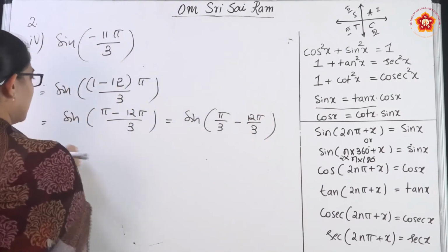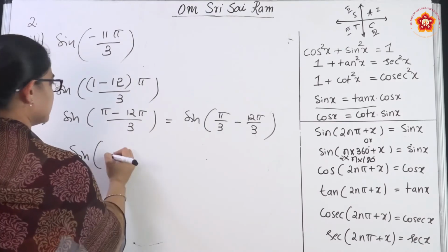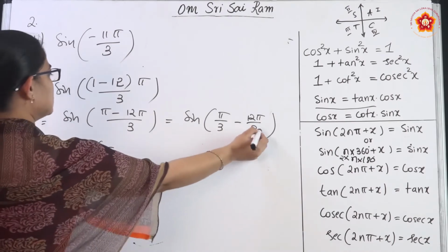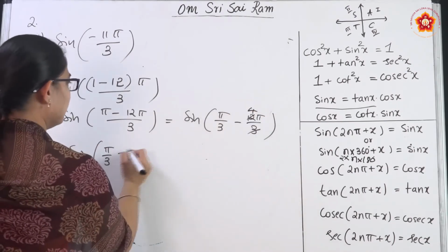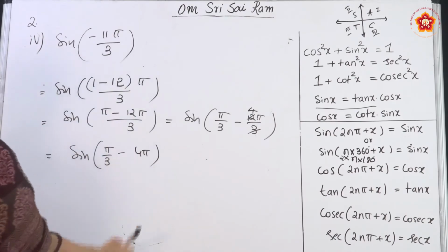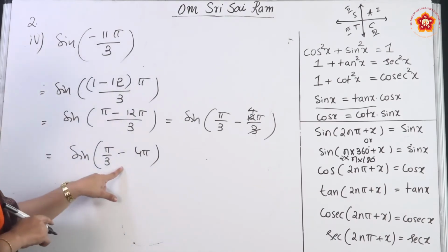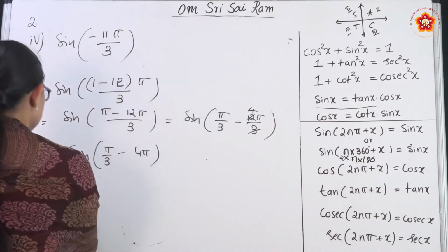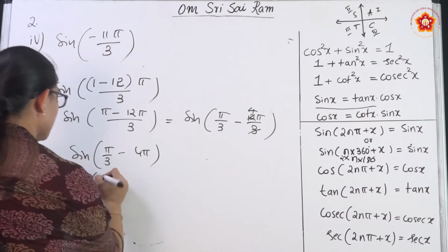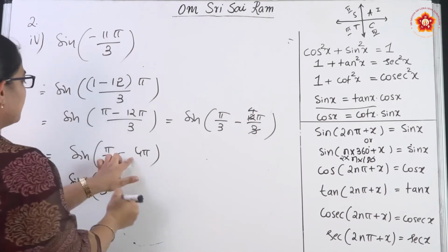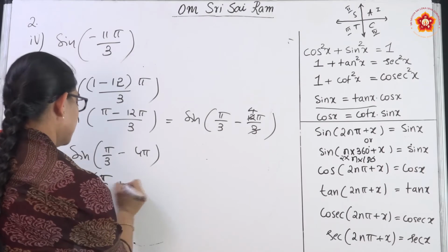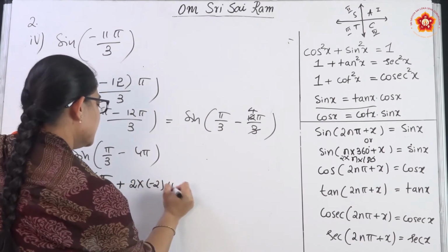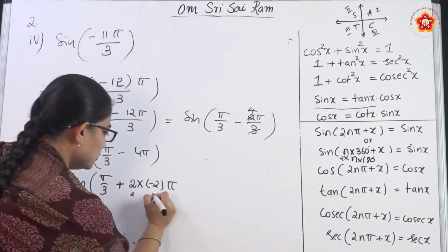Now, what is 12 by 3? That is 3 fours are 12, so we have 4 pi, right. Pi by 3 minus 4 pi. Now we have to express this in the form sine of 2n pi plus x. So this minus 4 we can write as 2 into minus 2 into pi, right? 2n pi.